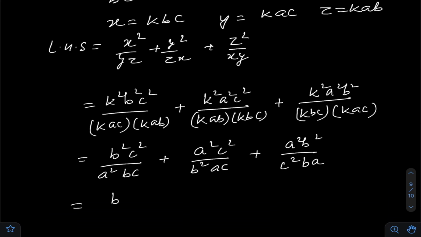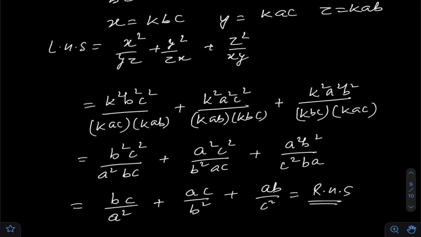So what is left? bc in numerator, and in denominator we have a square. Similarly here ac over b square and ab over c square, and it is equal to the right hand side. So this was question number 8 and the last question of the exercise.